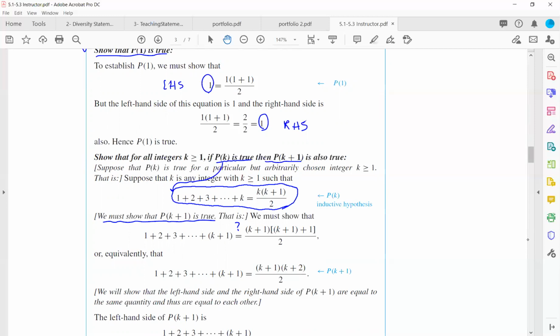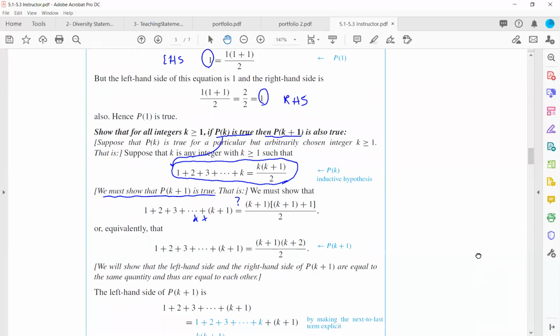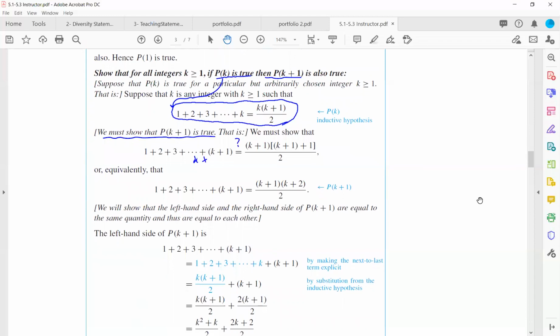Note that on the left-hand side, you have 1 plus 2 plus 3 plus up to k plus (k plus 1). Don't forget this term k in the middle. Okay, get back to P(k). P(k) says if I add the first k natural numbers, it is equal to k times (k plus 1) divided by 2.